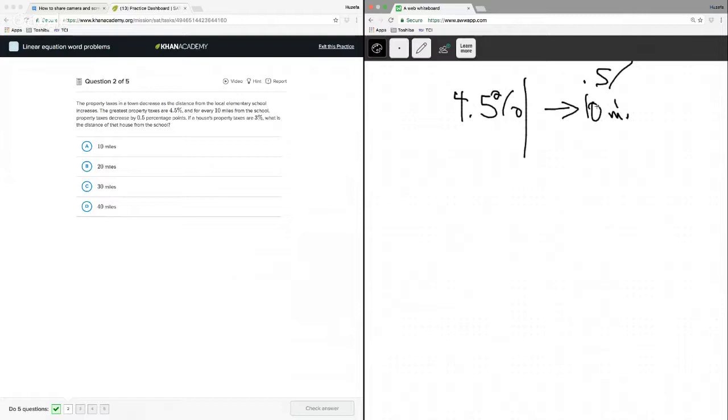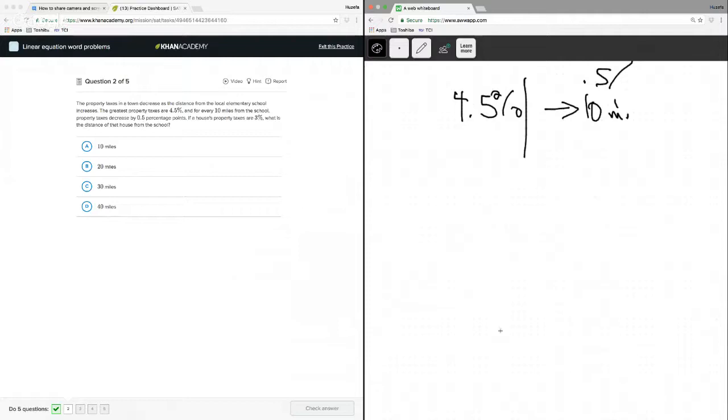Let me just make sure that I'm reading this right. Property taxes decrease as the distance from the school increases. Got it. So the farther away you get by 10 miles. This means I understood it incorrectly at first. The closest home to the school would be charged at 4.5%. And then every time you get 10 miles away, it drops 0.5 percentage points, and so on.